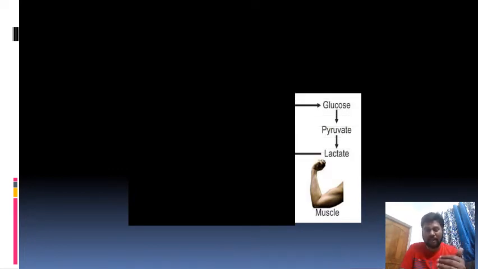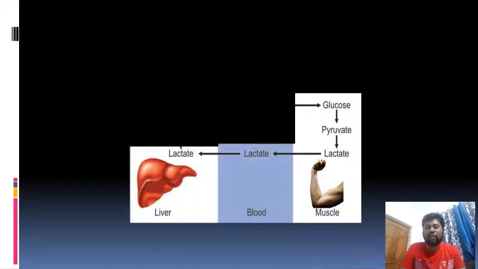So within the muscle, the glycogen will be broken down and converted to pyruvate, and that pyruvate will be converted to lactate. Here please note, it is not glucose, it is actually glycogen. When glycogen breaks down, it forms glucose 1-phosphate and 6-phosphate. From that pyruvate will be formed, and from that pyruvate lactate will be formed.